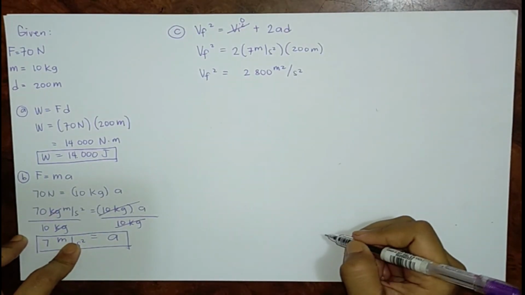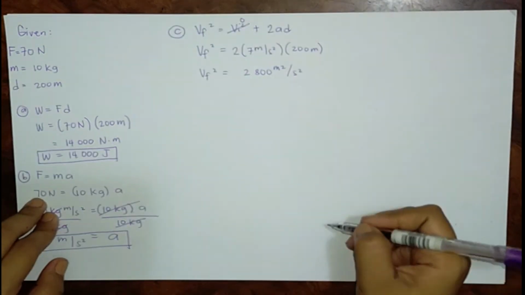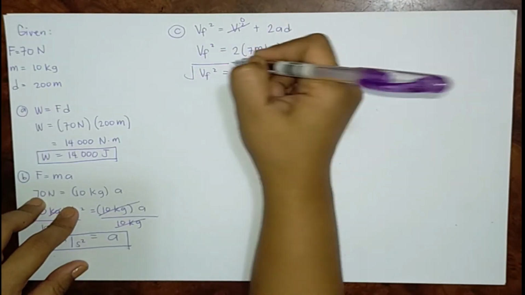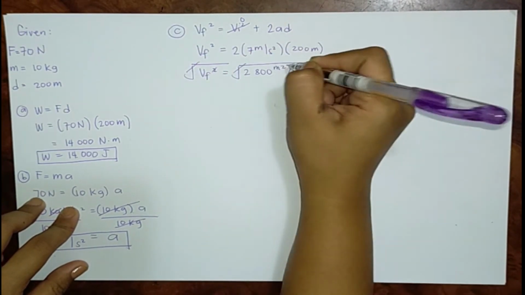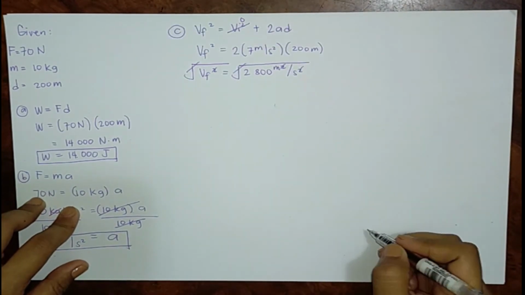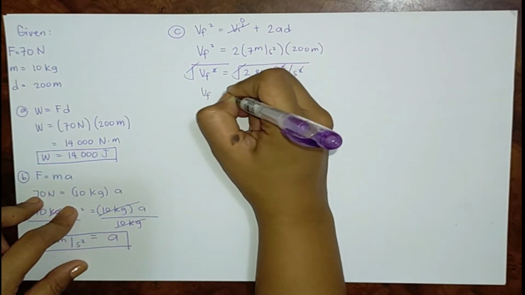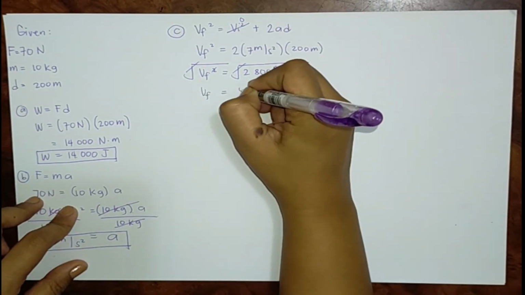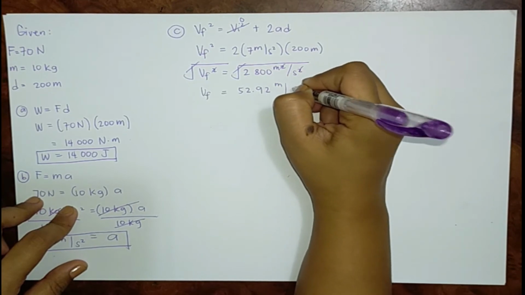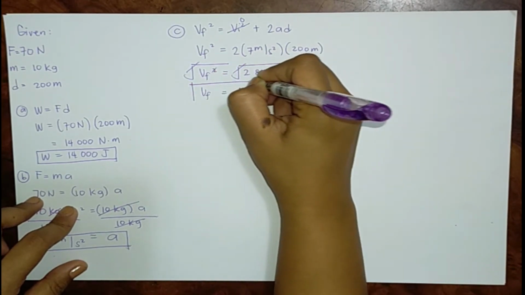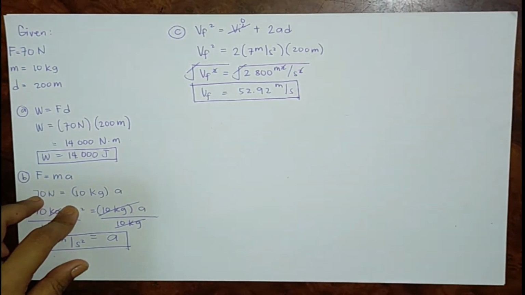Of course, since the variable Vf is squared, we have to square root it, and of course on the other side as well. Cancel the square root and the squared units. So square root of 2,800 is equal to 52.92 meters per second. This is now the final velocity of the block.